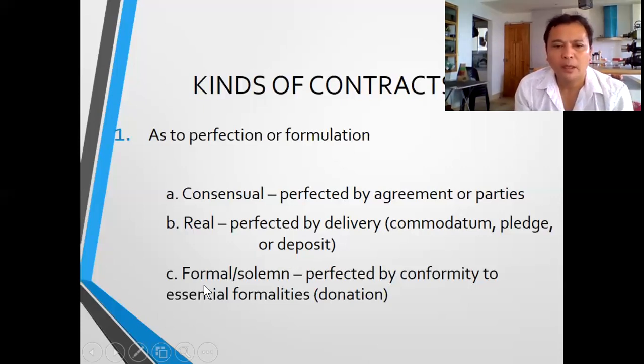Okay. Now formal contracts require essential formalities, like a written contract. An example here is donation. If your father would donate a piece of land to you, or personal property worth more than 3,000 pesos, it cannot be perfected without a written form.